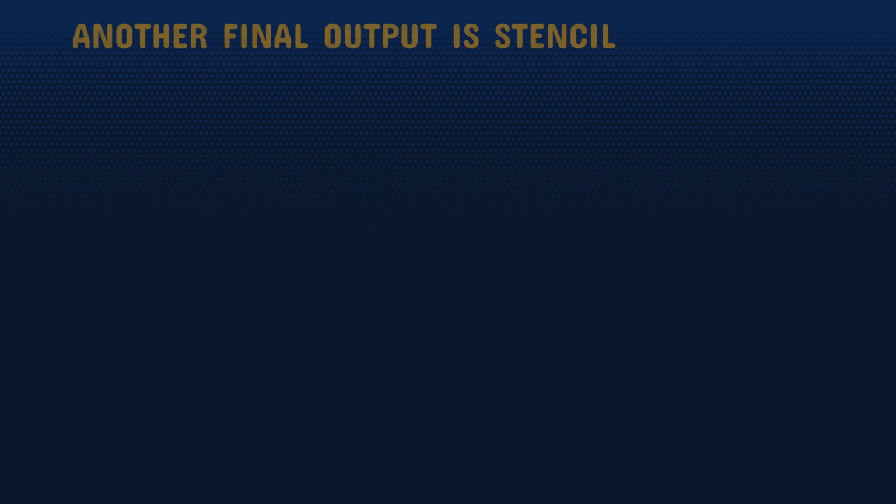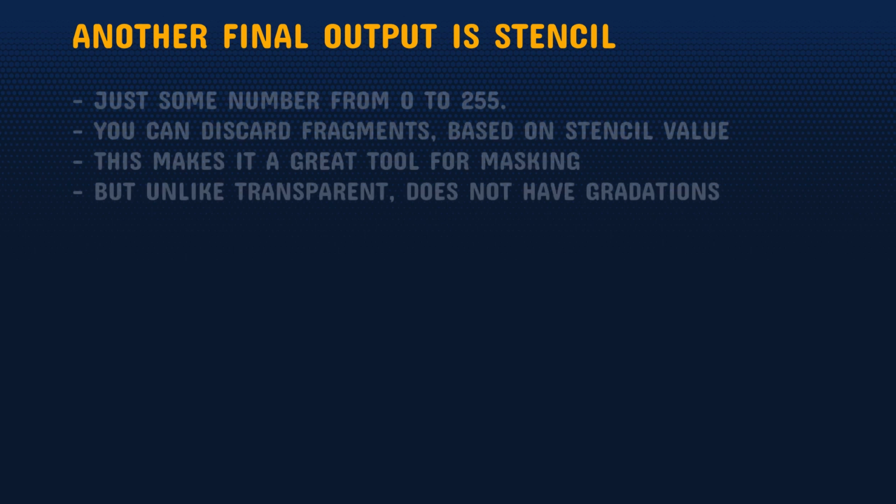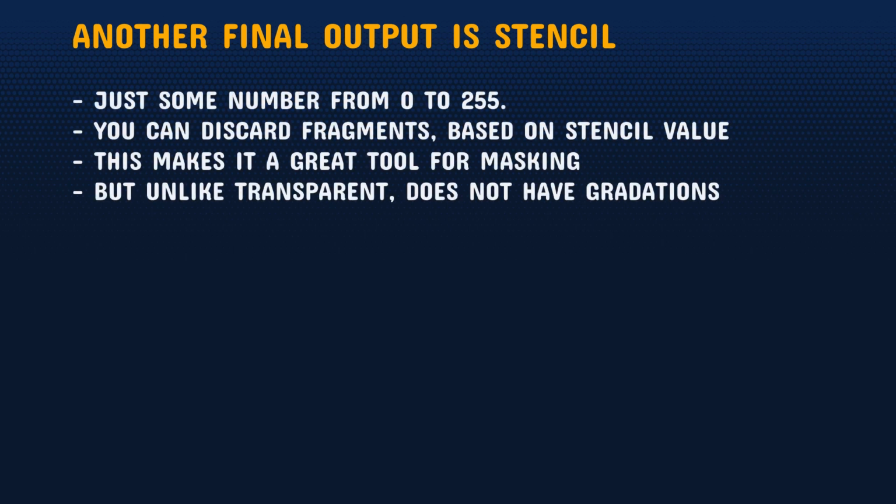You also can output STENCIL, which is just an arbitrary value from 0 to 255. Based on the STENCIL value, you can discard rendered fragments entirely. It is mainly used to mask things rendered after it. One key example of STENCIL usage is a tutorial fade, when you have a semi-transparent dark color covering the entire screen, but not a certain area inside of it.